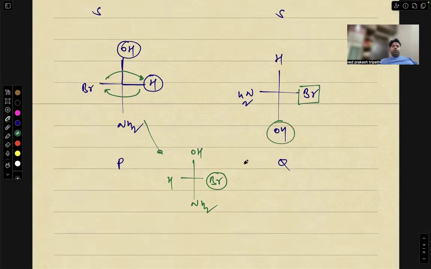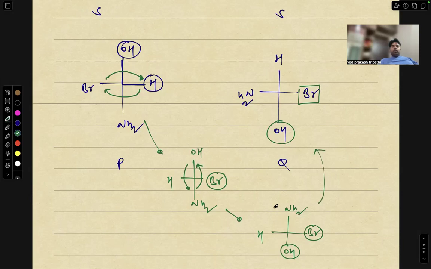Suppose OH. OH is vertically down, so we can keep OH vertically down. So NH2 goes vertically up. So again, we can draw OH, NH2, bromine, H. Now my bromine and OH are perfect, and now it's easy for you to exchange NH2 and H.